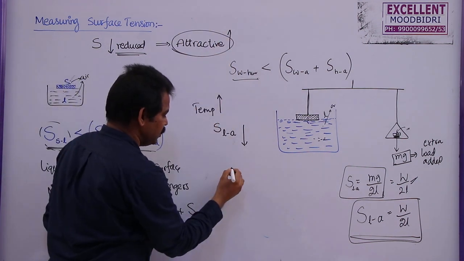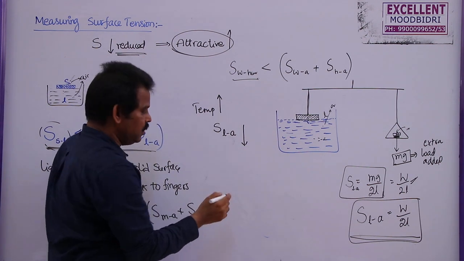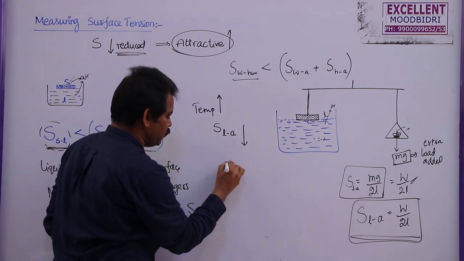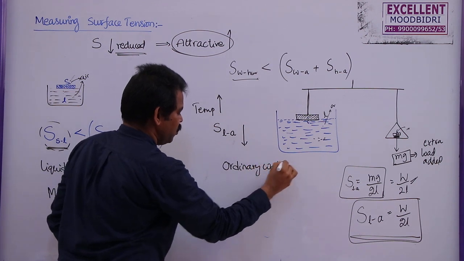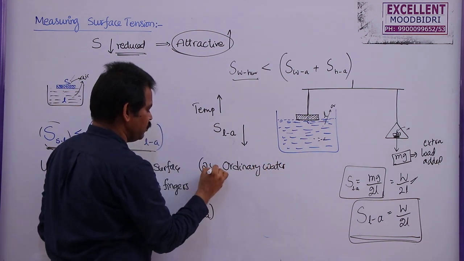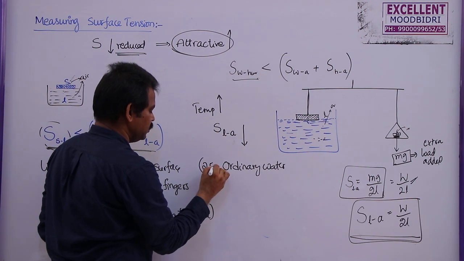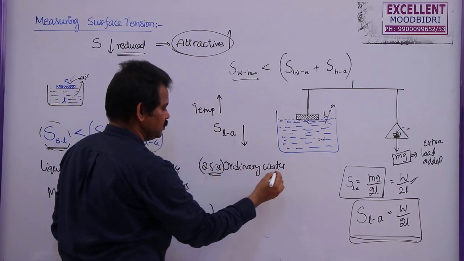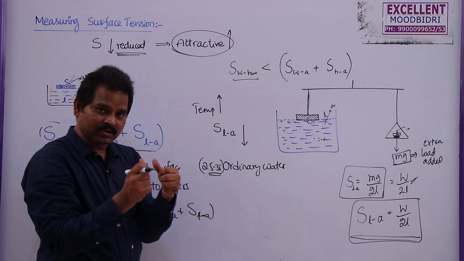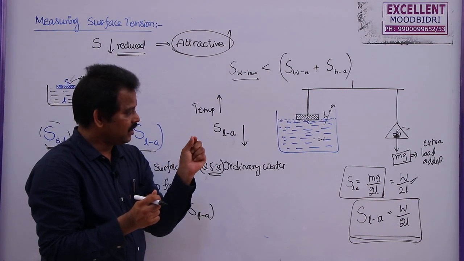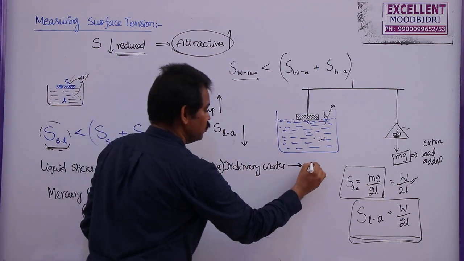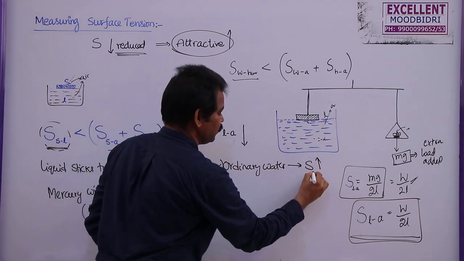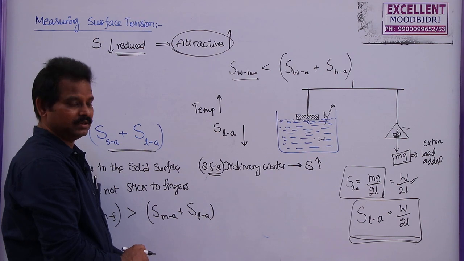That's why, especially while washing clothes with ordinary water, meaning water at room temperature around 25 to 35 degrees centigrade, the force of attraction between the dirt and water will be less, due to high surface tension between water and the dirt.